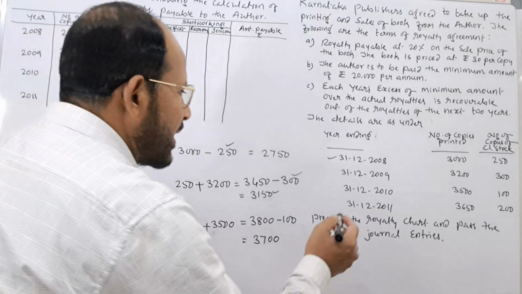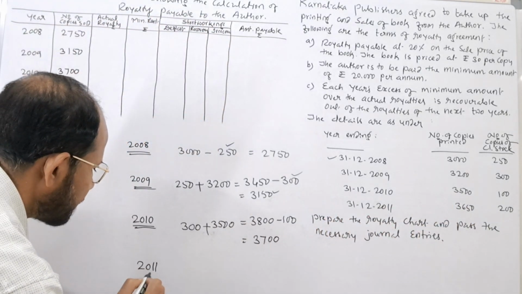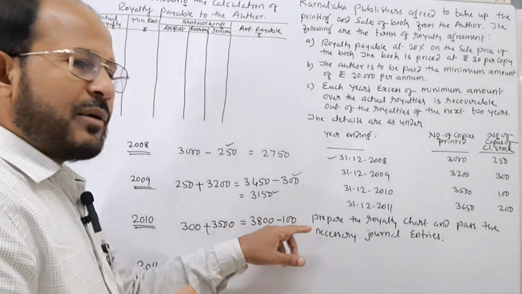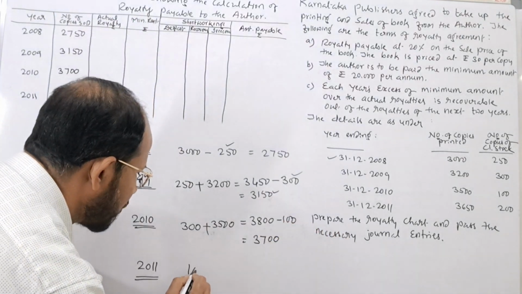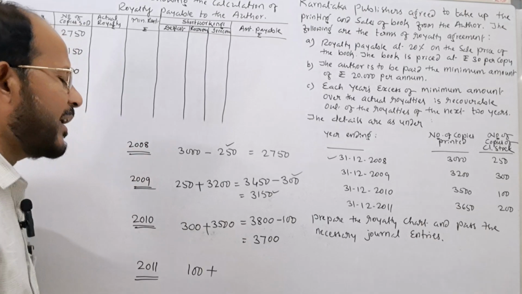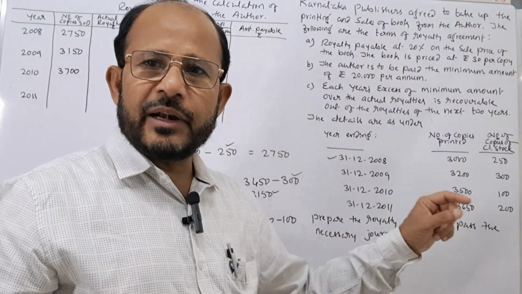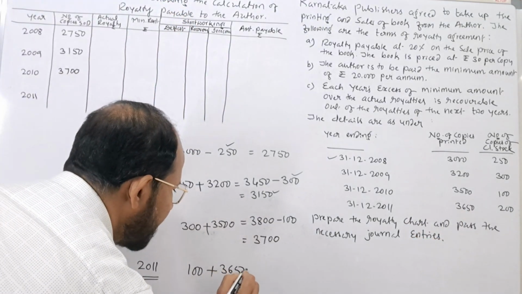Next one is the year 2011. In the year 2011, what we have to do? First, we have to take the closing stock of the previous year. The closing stock of last year we have to take as opening stock this year. 100 books were there in stock. Next, in the year 2011, 3,650 books were printed. That we have to add here, 3,650 books.